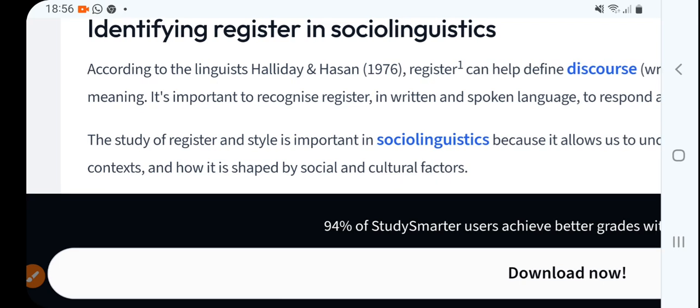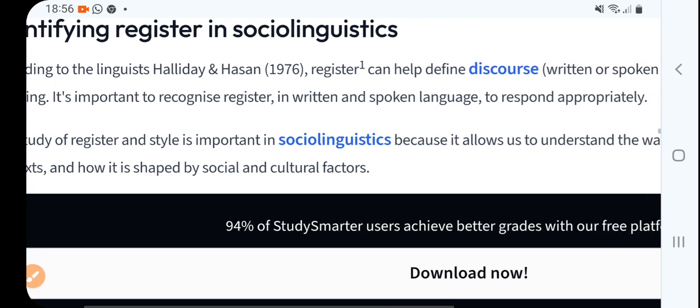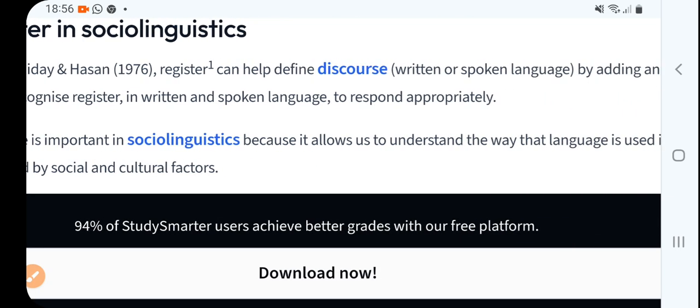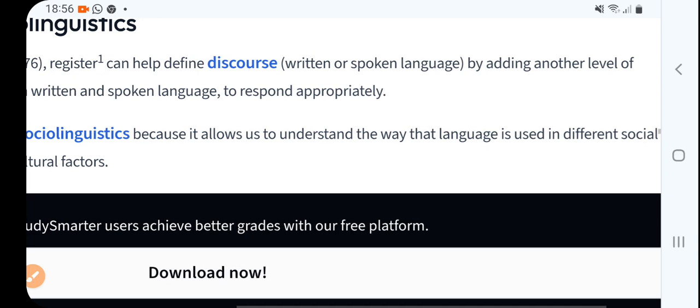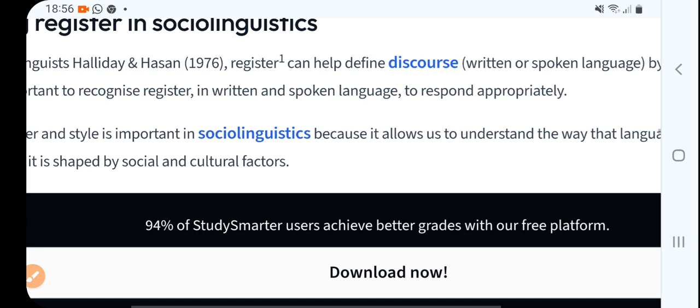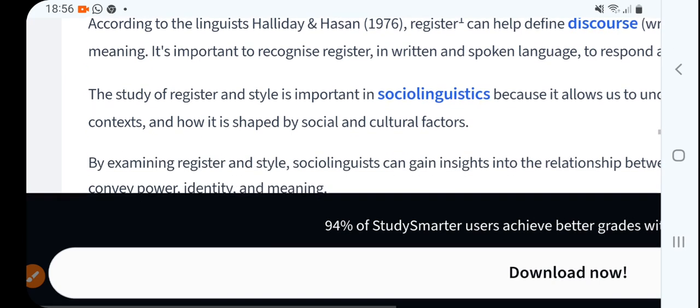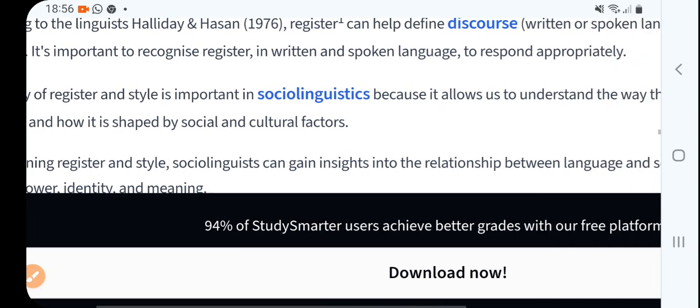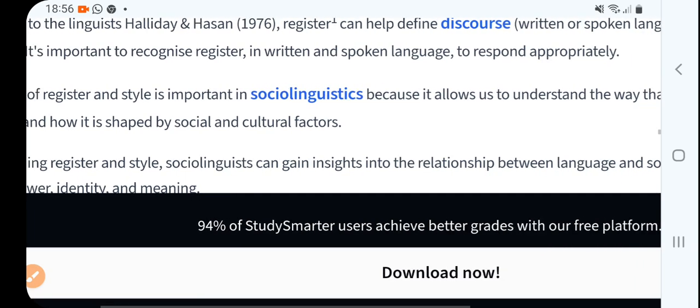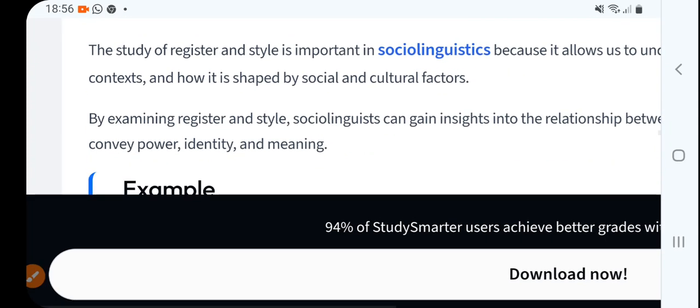So what they say is that register can help define discourse, which is conversation, written or verbal communication, by adding another level of meaning. It is important to recognize register in written or spoken language to respond appropriately, meaning according to the situation and the conversation.